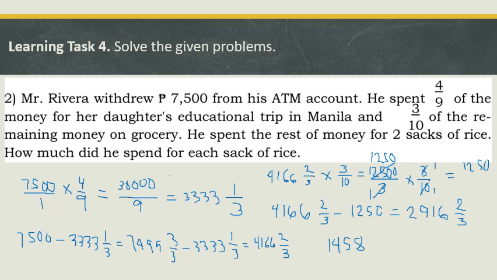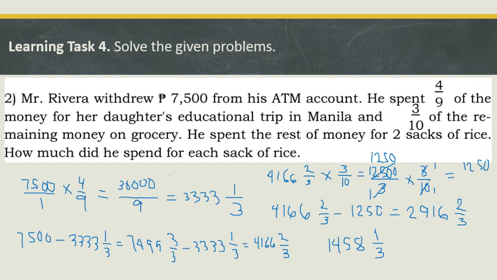So, since ito ay 2/3, so hinati sa 2, kaya ito ay magiging 2/6. So, 2/6 or 1/3. Kasi hinati natin sa 2 yung 1/3. So, yung 2/3, so magiging tig 1/3 sila.